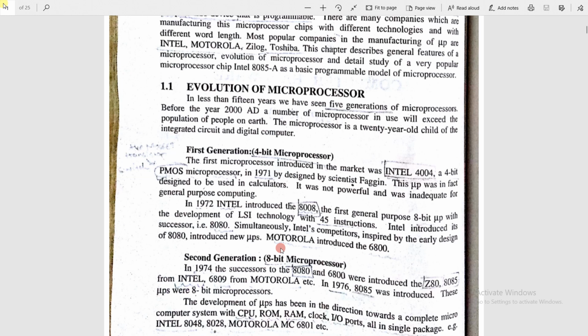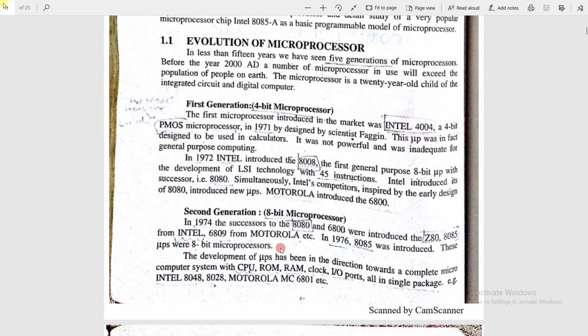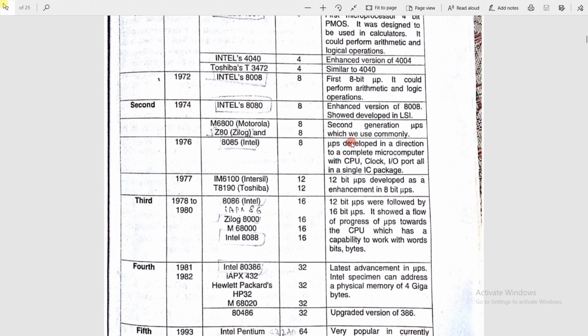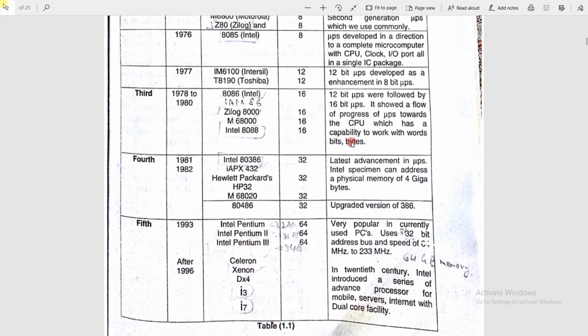Like in the first generation, we talked about the years 1971 and 1972, and second generation 1974 and 1976. Either you can learn from here or you can refer to this table for the evolution of microprocessors.